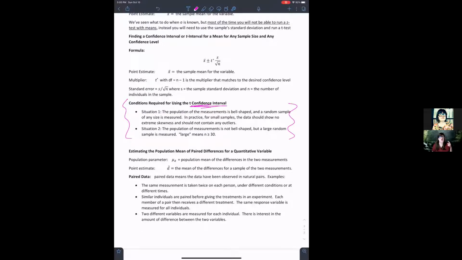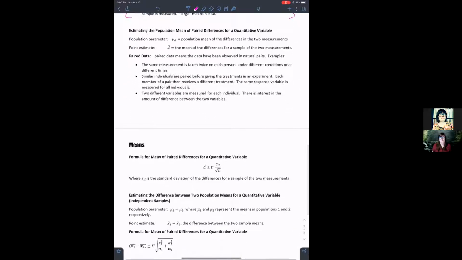I want you to remember that the conditions are the requirements that the central limit theorem is holding, which means that the sampling distribution that we would be creating would be a nice bell-shaped distribution for us, which is how we can make the inferences that we're making.